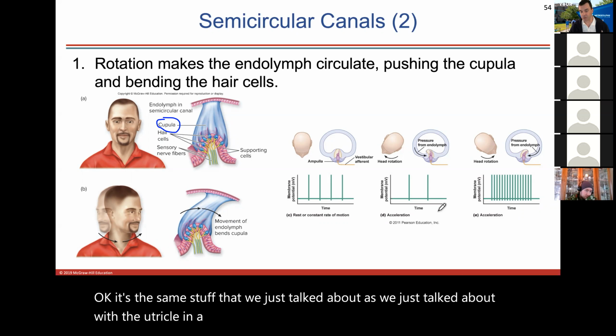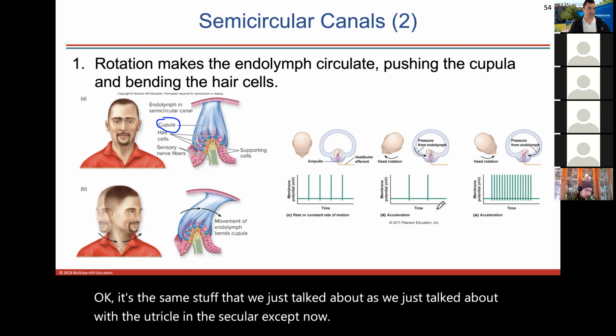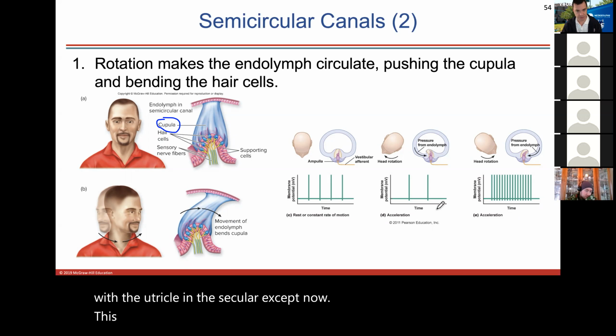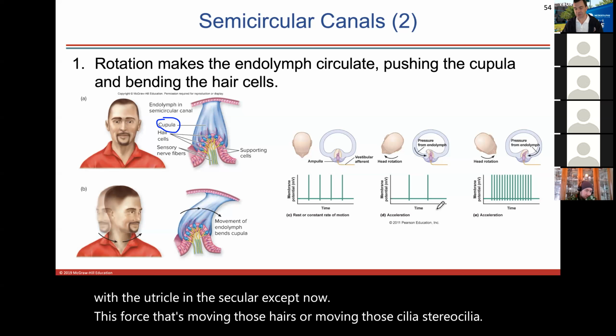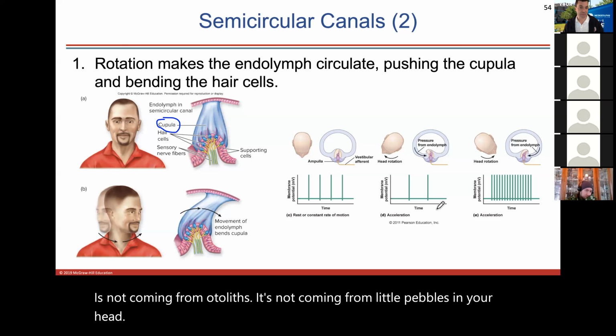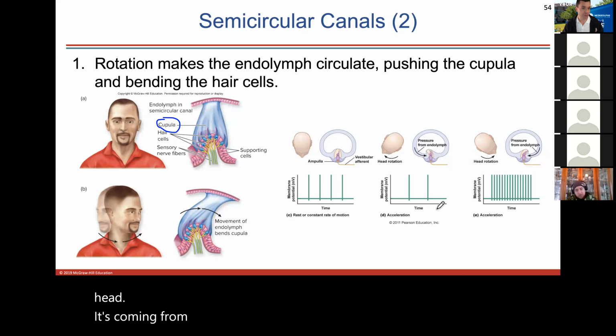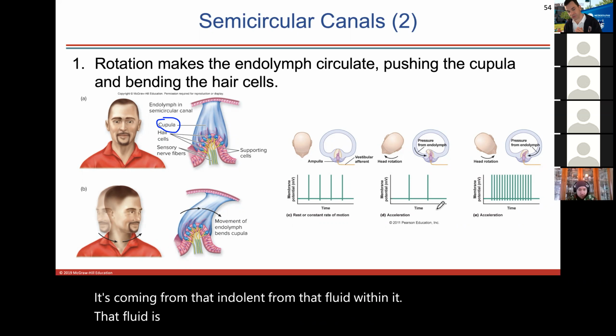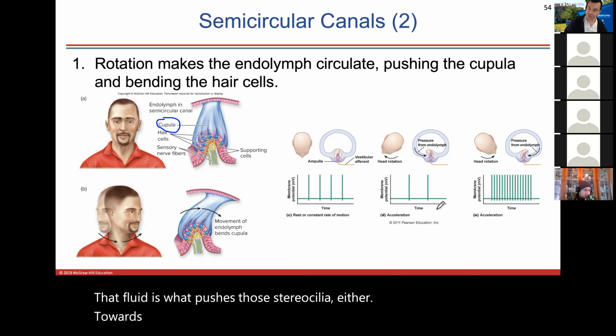Except now, this force that's moving those hairs, those stereocilia, is not coming from otoliths. It's not coming from little pebbles in your head. It's coming from that endolymph, from that fluid within it. That fluid is what pushes those stereocilia either towards it or away from it.